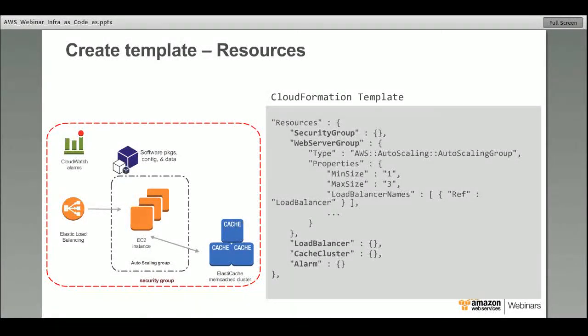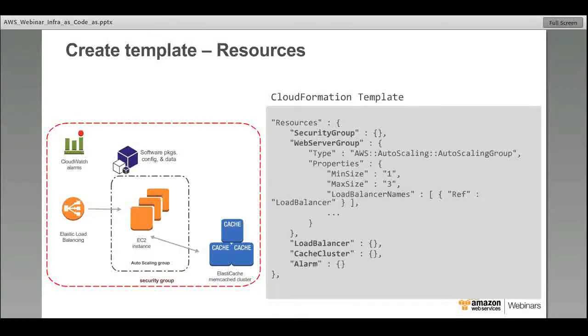That auto-scaling group needs to be connected to a load balancer. But notice that you are modeling the resource that you want, but you don't need to worry about the actual API calls that you need to make to provision an auto-scaling group, or the order in which the load balancer or the auto-scaling group needs to be provisioned, and so on and so forth. CloudFormation figures that out for you.